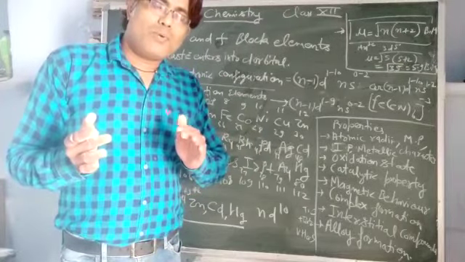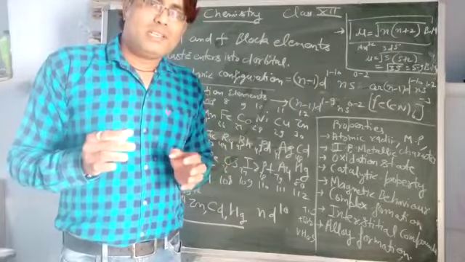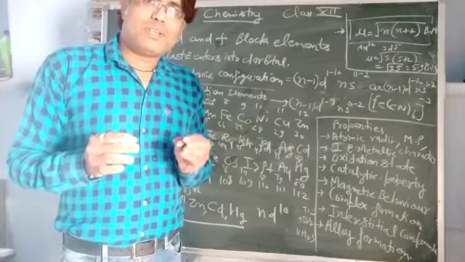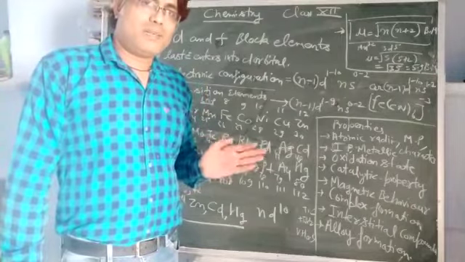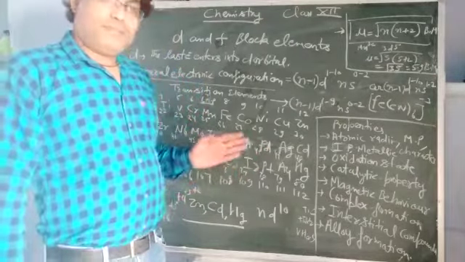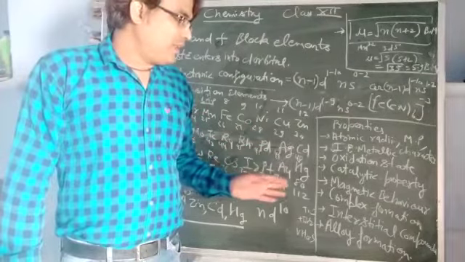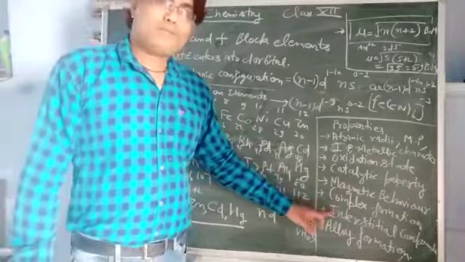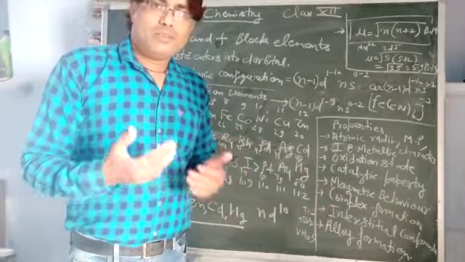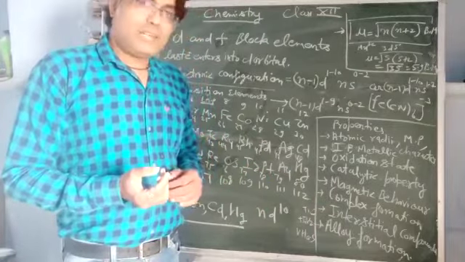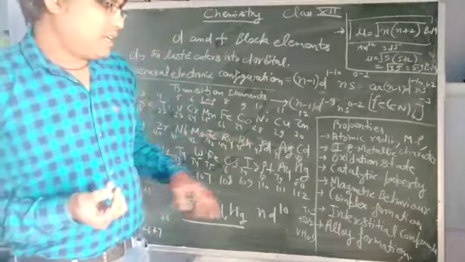So interstitial compounds are compounds which are formed by small atoms like hydrogen and carbon occupying the interstitial space in the crystal lattice. Examples are hydrides and carbides like TiC, titanium carbide, and VH0.5, that is vanadium hydride. Due to formation of interstitial compounds, the hardness also increases. Actually they are basically non-stoichiometric compounds. They are not stoichiometric.